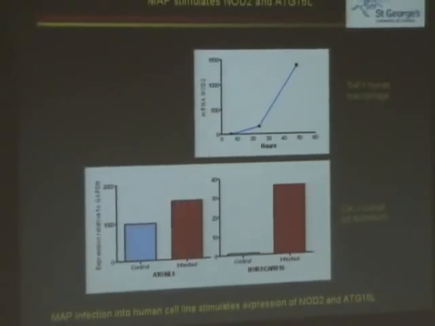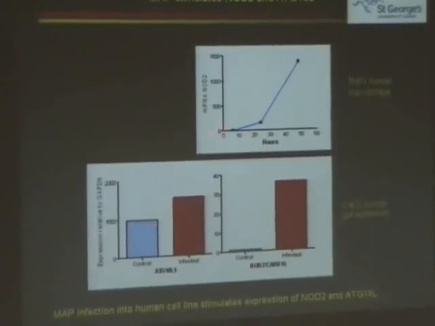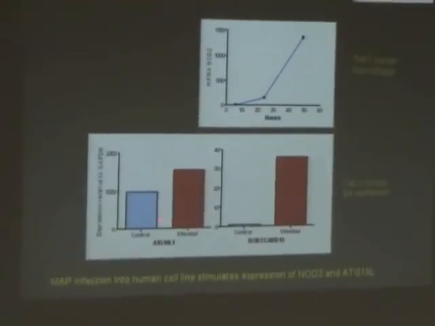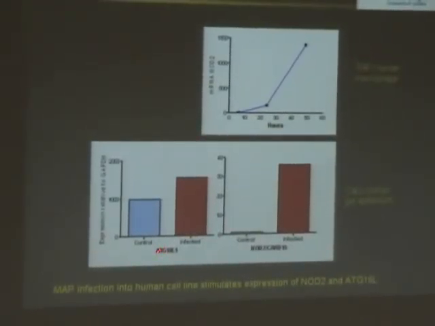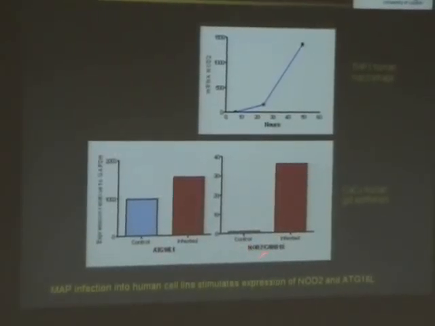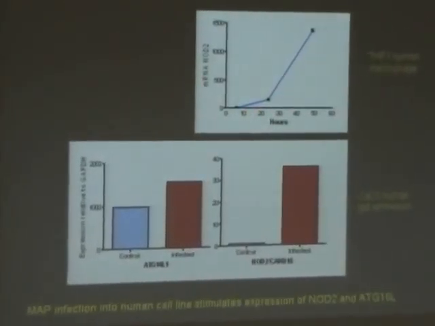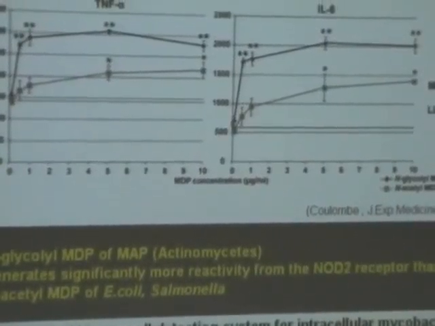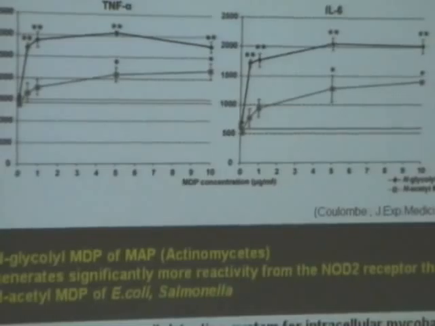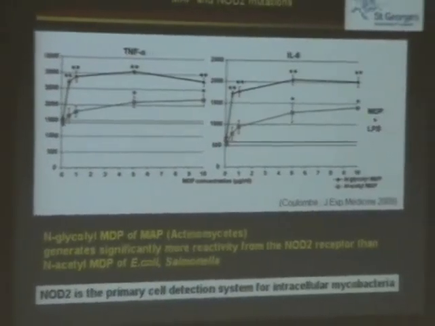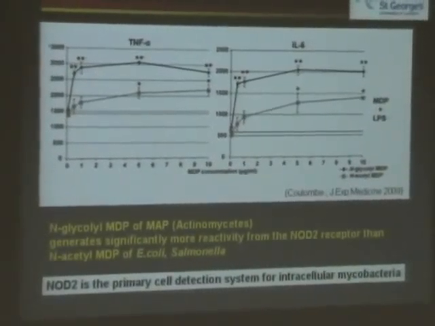In my lab, we can see that if we put MAP into human cells, as soon as it goes in, very rapidly, it increases the expression of the genes. MAP will push up both ATG and NOD2, CARD15, very, very quickly. Work done in mice from Marcel Baer's lab takes it a little bit further. This shows exactly what's happening with this NOD gene.